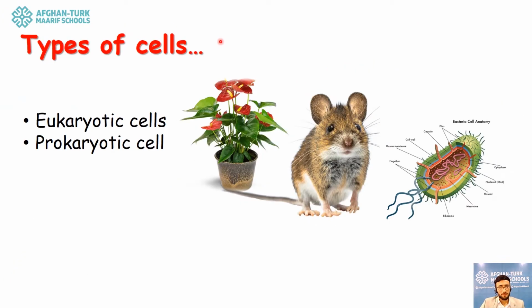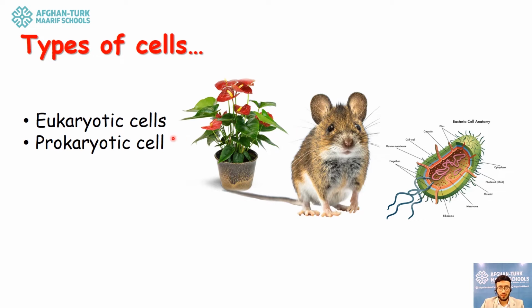So firstly, let's talk about the types of cells. Mainly there are two broad categories of cell types. One, eukaryotic cells, and another, prokaryotic cells. Eukaryotic cells are those cells which possess different types of organelles, including the nucleus. So they are mainly advanced cells, such as those found inside plants and animals.